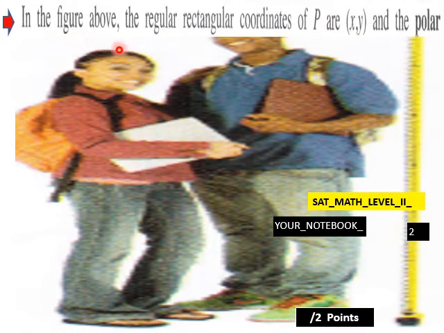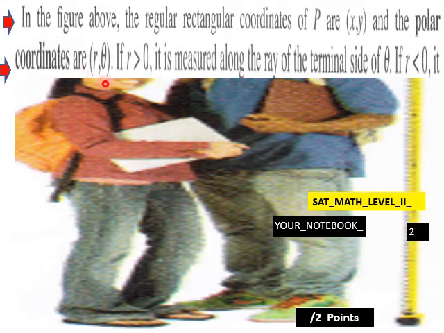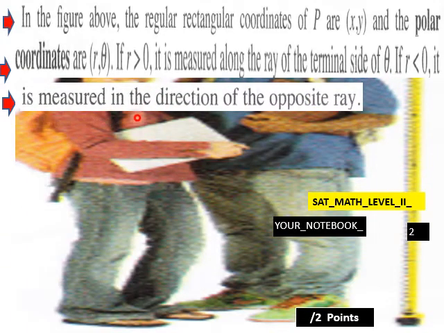In the figure above, the regular rectangular coordinates of P are x, y, and the polar coordinates are r, theta. If r is greater than 0, it is measured along the ray of the terminal side of theta. If r is less than 0, it is measured in the direction of the opposite ray.